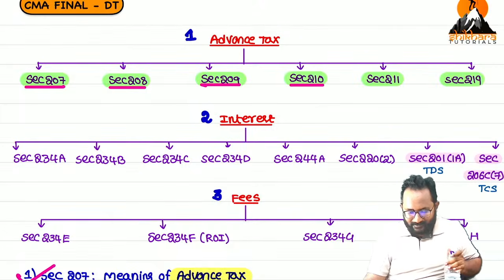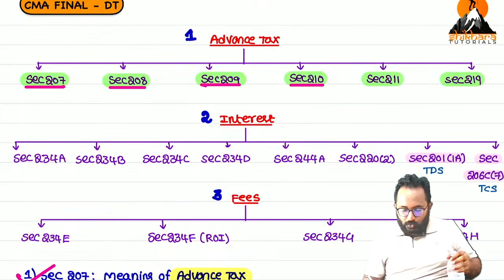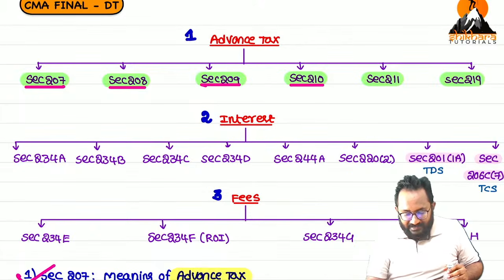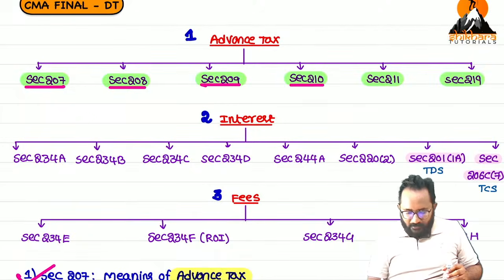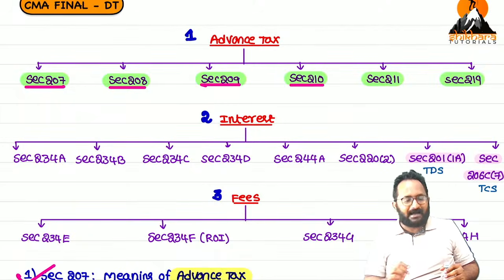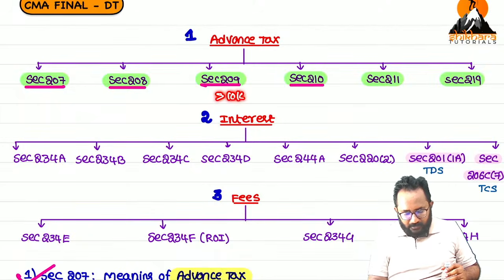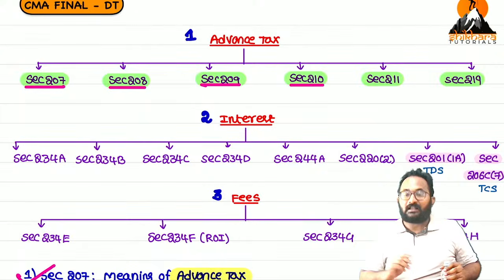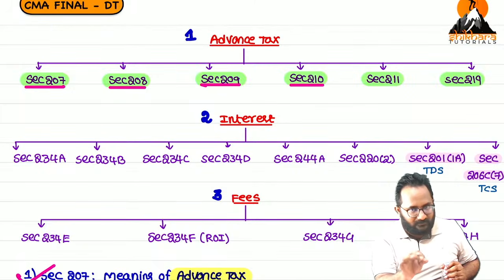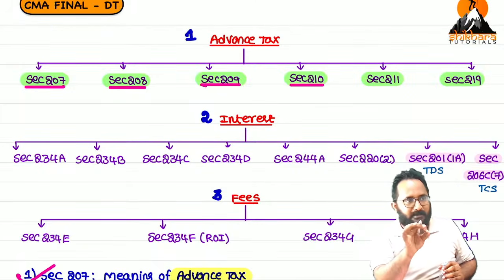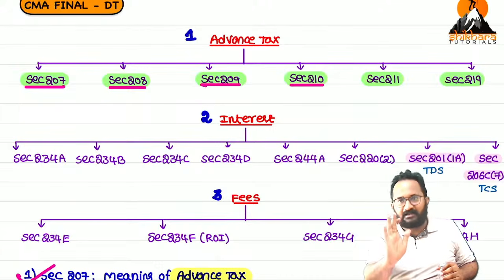Okay, now listen. 210 is saying that if you are required to pay the advance tax, when we can decide to pay, if the balance advance tax liability is more than or equal to 10,000. Sir, how to pay that? Please pay advance tax during the previous year on an installment basis, not one-time payment.